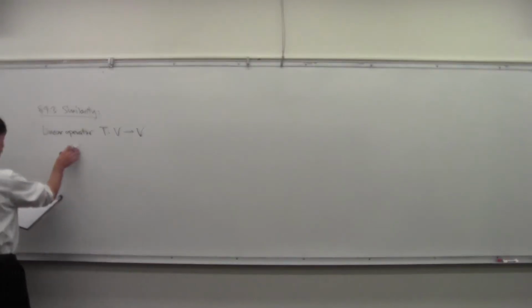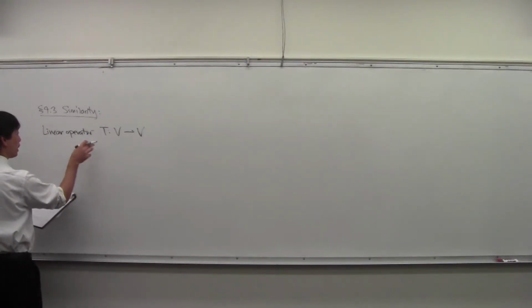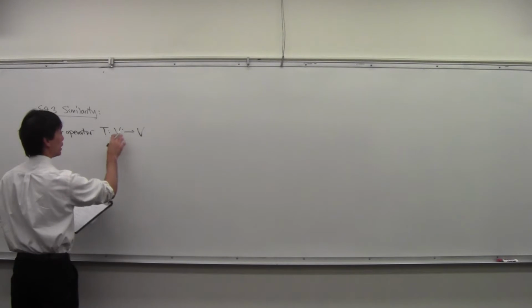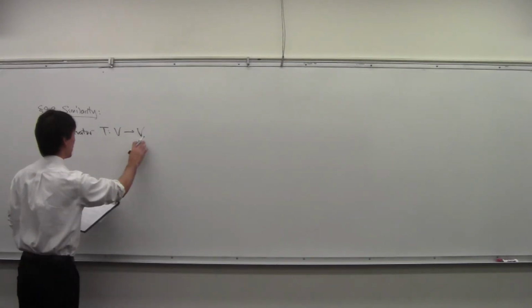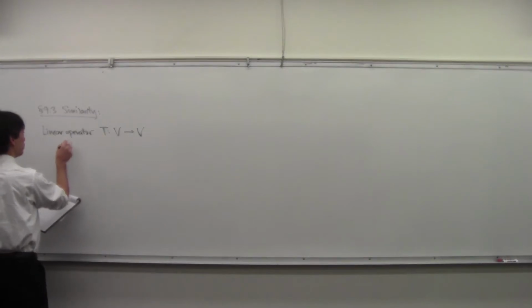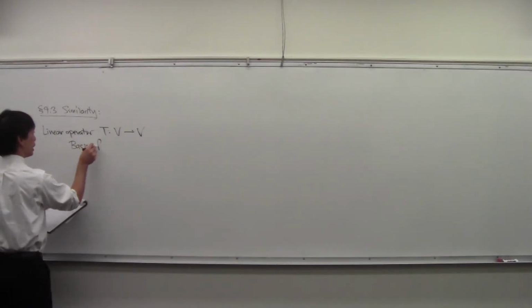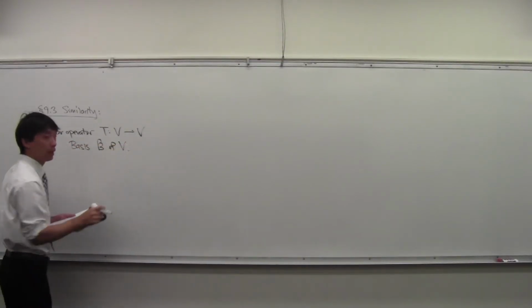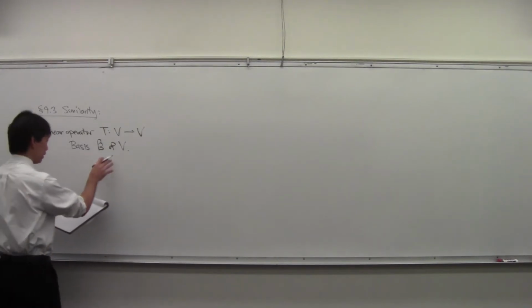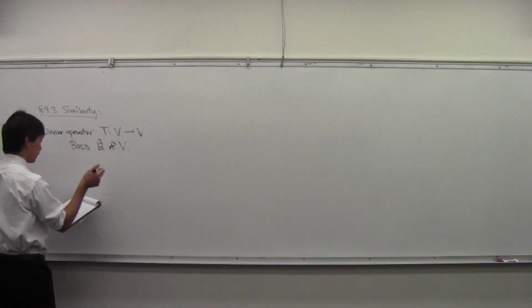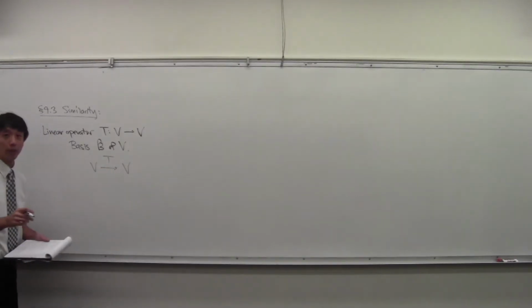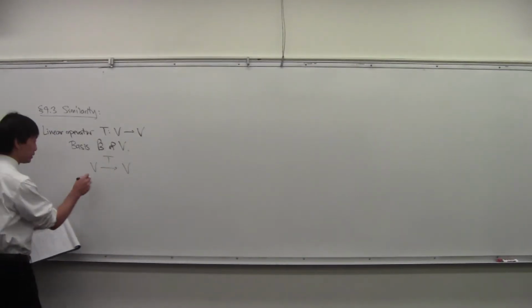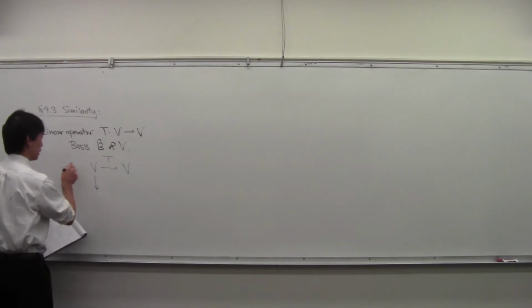So you have a linear transformation going from the vector space back to itself, and you have some basis B, and we will think about their matrix representations with respect to these bases.